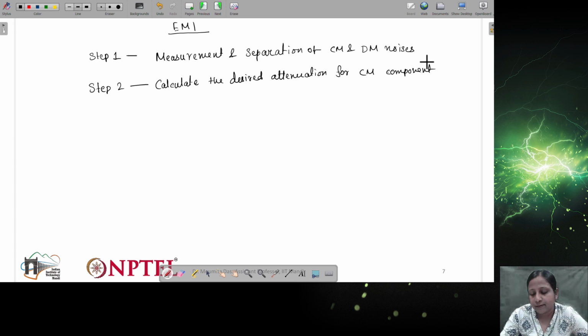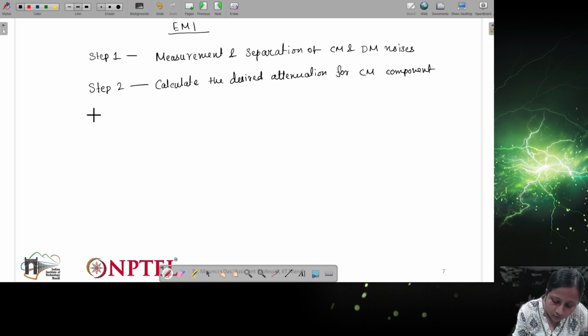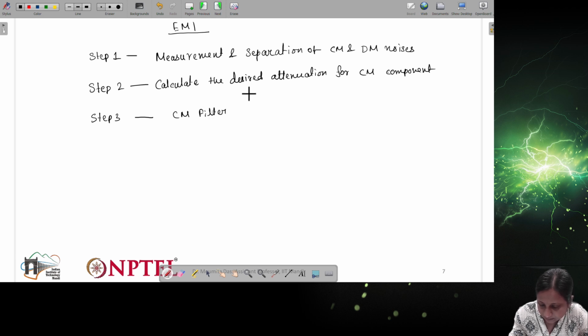We have separated CM and DM. Now we have to see whether the CM noise is within the specified limit or not. The limit I will be discussing, like what are the limits provided for EMI. So we have to check whether these noises are within the limit or not. If it is within the limit, then it is fine. If it is not, then we have to follow step 3, CM filter design, filter parameter.